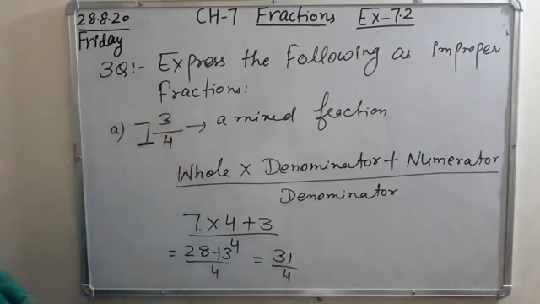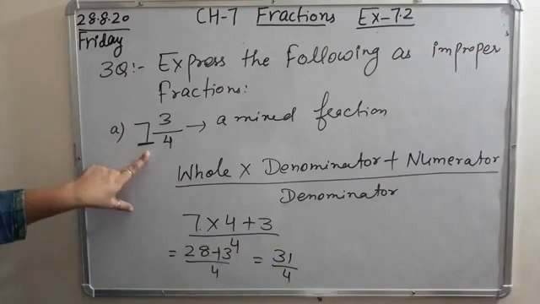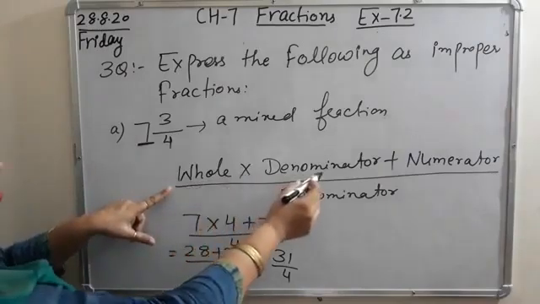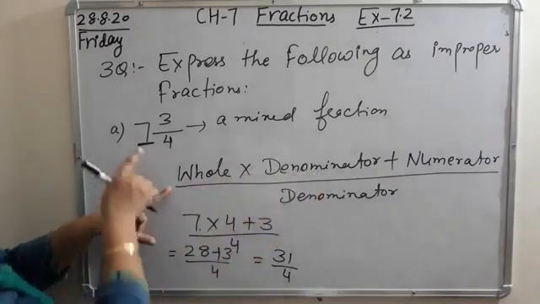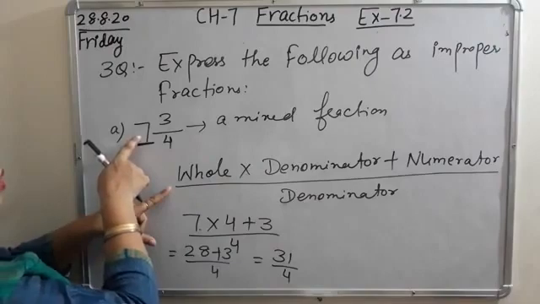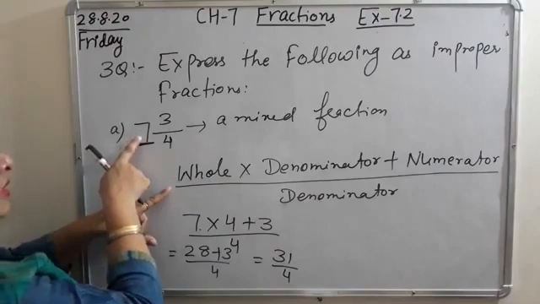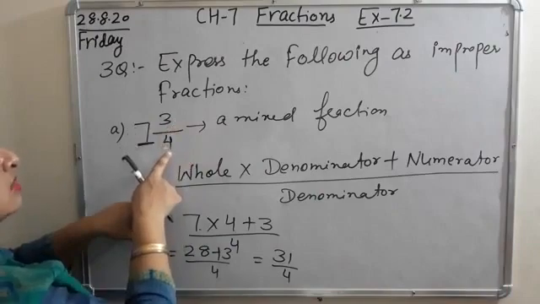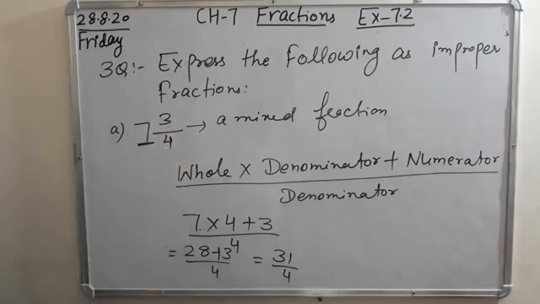I am repeating, to convert mixed fraction to an improper fraction, we will apply this formula: whole multiplied by denominator in the mixed fraction. This part is known as whole part, this is numerator and this is denominator.